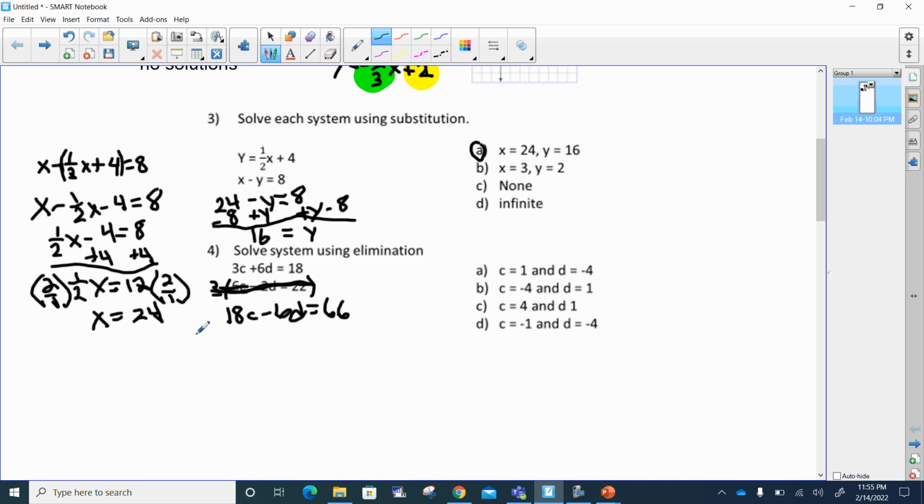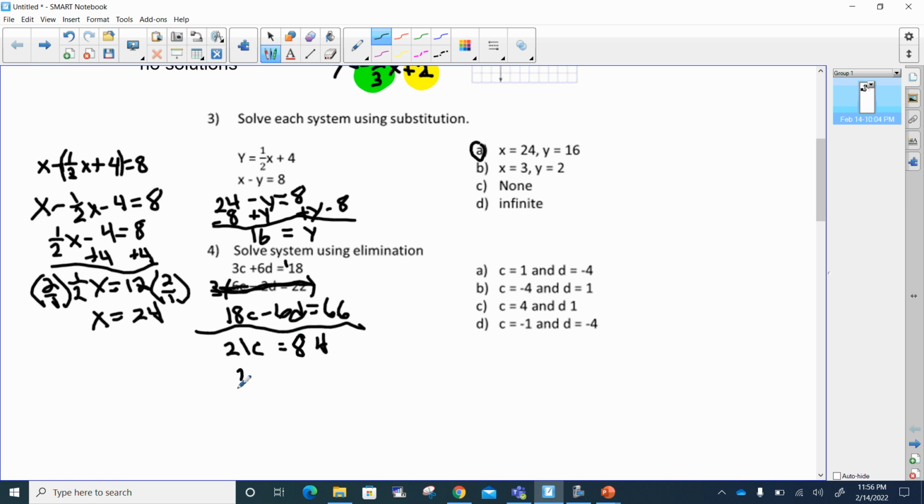And now I can combine the top one and the bottom one. 3 plus 18, 18, 19, 20, 21c. 6d minus 6d is 0. So I have equals. And 18 plus 66, well, 8 plus 6 is 14. Carry the 1. 6 plus 1 is 7, plus 1 is 8. That gives me 84.